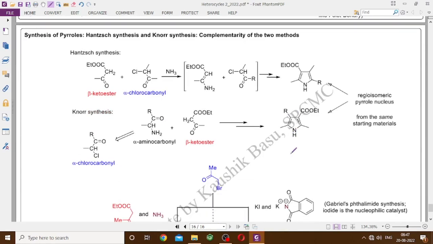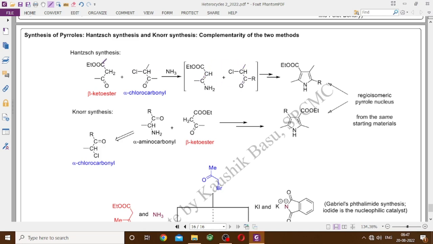So the Hantzsch synthesis and the Knorr synthesis are kind of complementary to each other, because in Hantzsch synthesis you have C-delta plus and C-delta minus, and you are going to include a nitrogen here, so this is N minus and then it becomes C minus, and the alpha-haloketone, that carbon is C-delta plus, that carbon is C-delta plus, and then you are combining this.